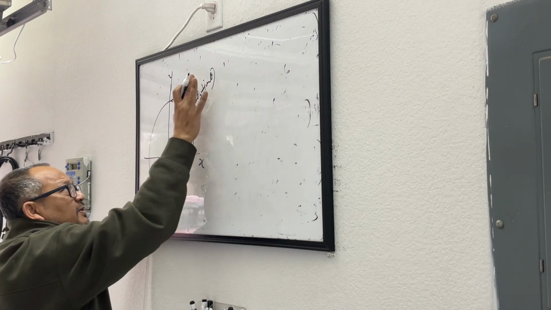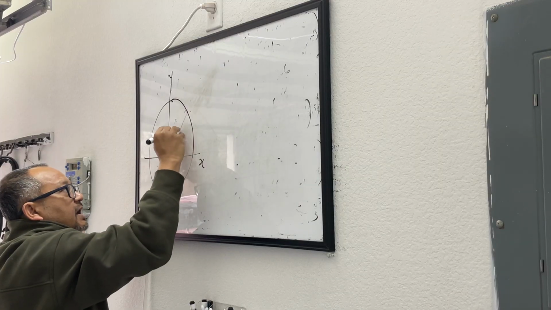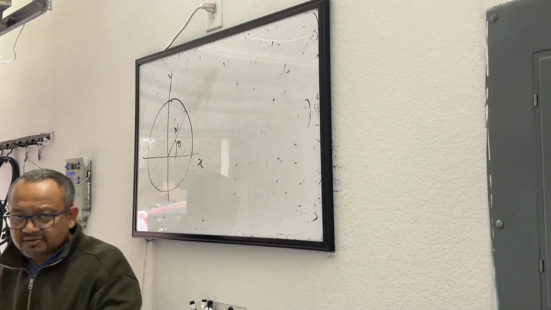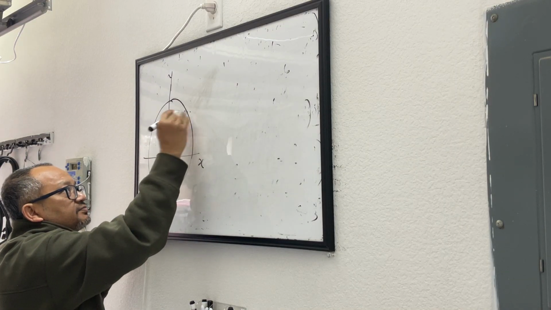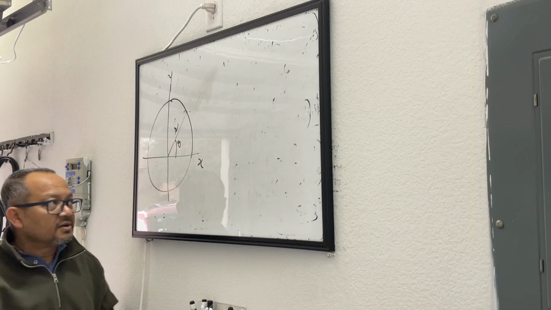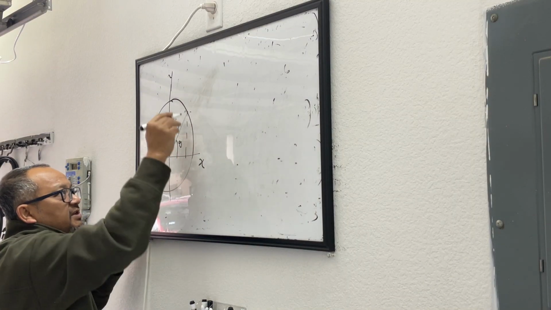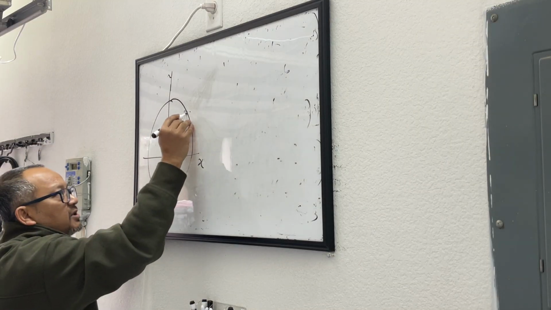Imagine this was not a unit circle, and this had a radius of something, 2, 5, 10, 20, 100, whatever it is. And you picked a point here. When you drop a perpendicular and visualize this as a right angle triangle, what will be the value of this side?